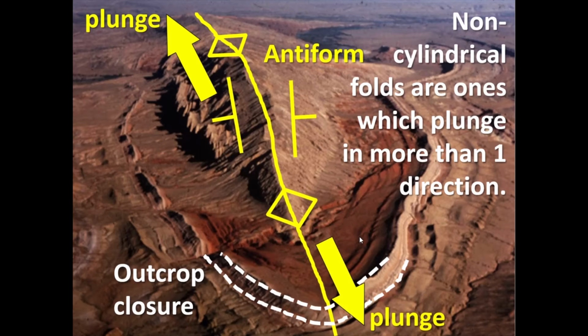So it looks like I've got one of these folds that's plunging in two directions. Okay, so it's a non-cylindrical fold, because obviously this plunge, as we go up, it goes up, and then it starts to go down, down, down. So it's not a linear feature, so it's non-cylindrical.